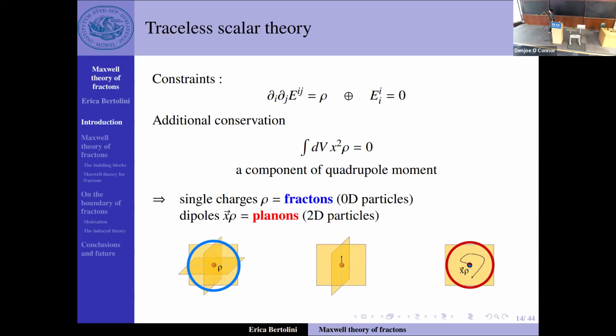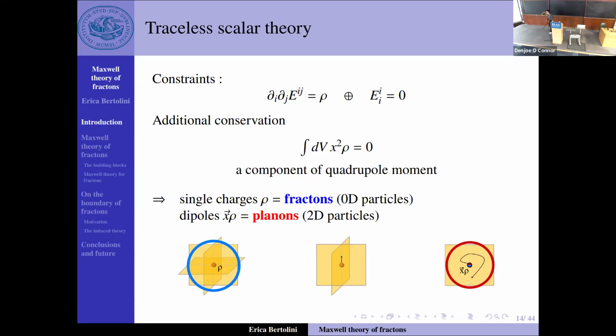Now we have the so-called traceless scalar charge theory, and this gives the conservation of the components of the particle moment, meaning that at the beginning we had fractons, and they were immobile, they're still immobile, but now the dipoles, which were free, are constrained by the conservation. So they are planons. They can only move on the plane which is transverse to that direction.